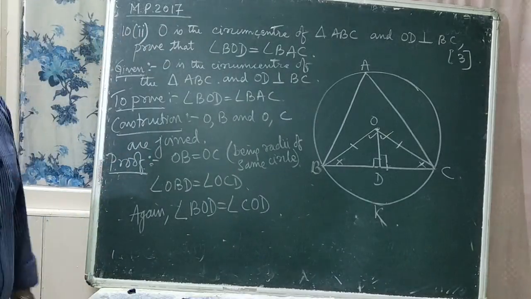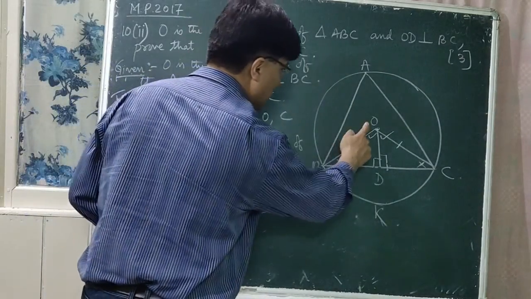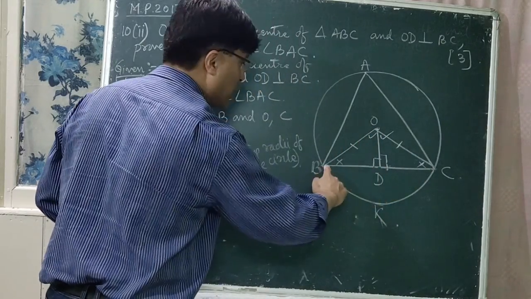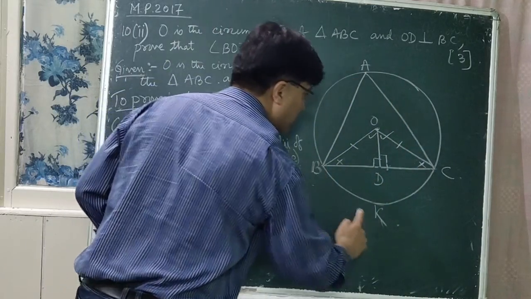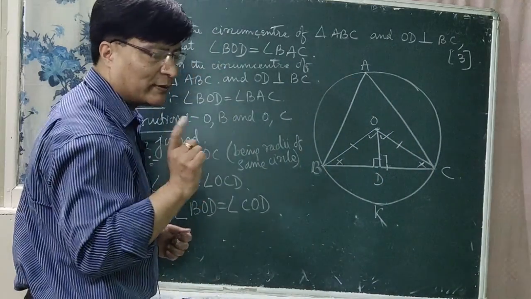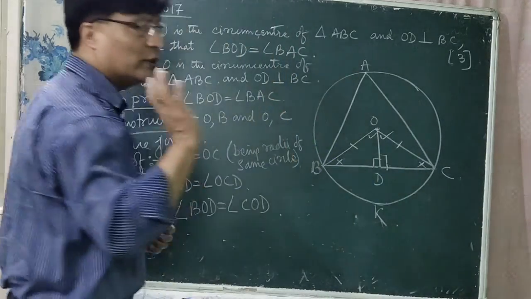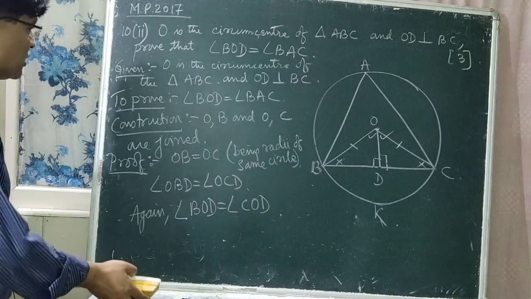In the previous theorem we did that angle BOC is the angle at the center O of the circle subtended by the arc BKC. Angle BAC is the angle at the remaining part of the circle subtended by the same arc BKC. So what can you write here? That is angle BOC is equal to twice angle BAC. We know that from a theorem, isn't it? We did that theorem. So let us write it here.